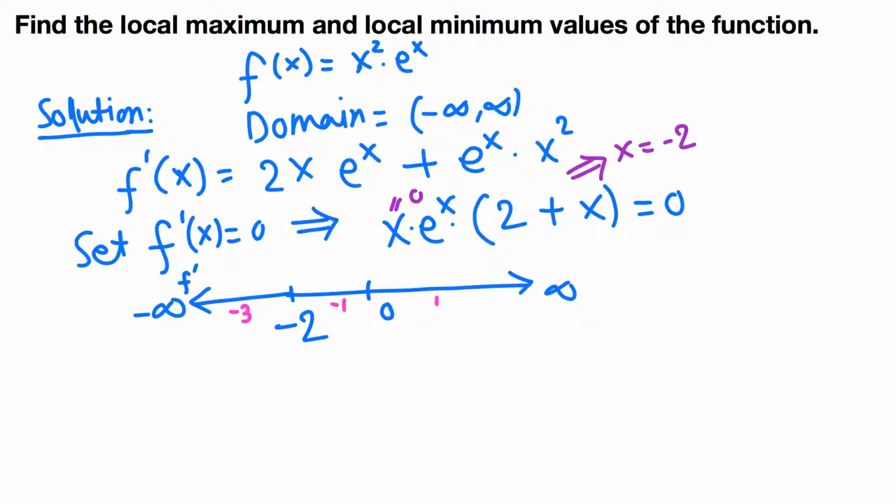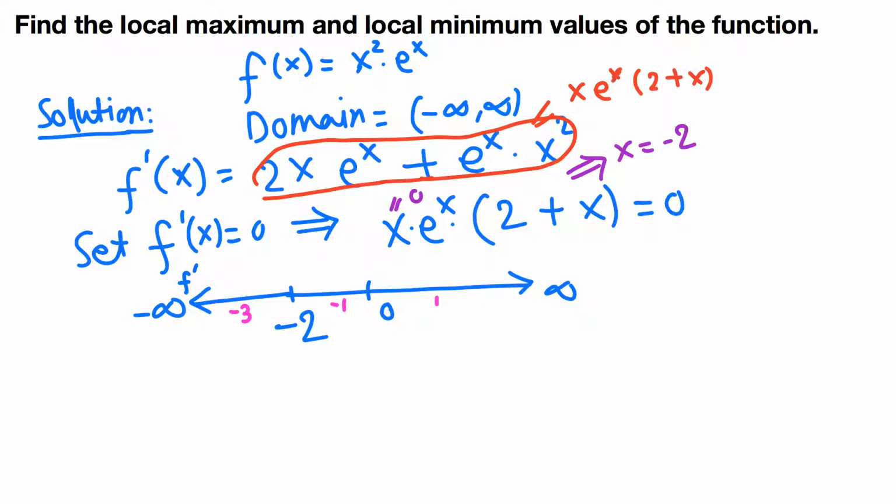Okay, so for negative 3, our derivative is here. In fact, we factored it as x e^x times (2 plus x). Let's plug in negative 3 here.